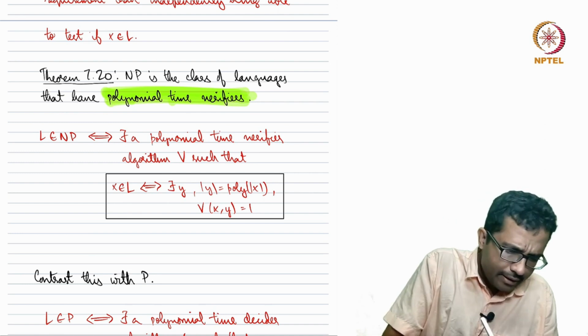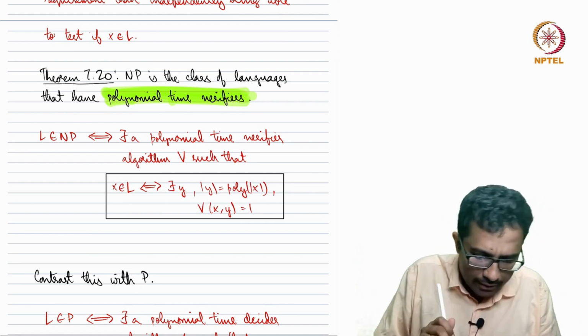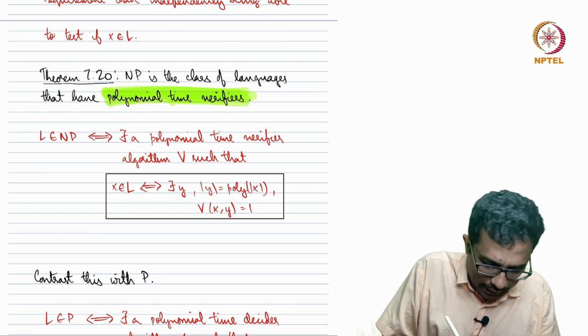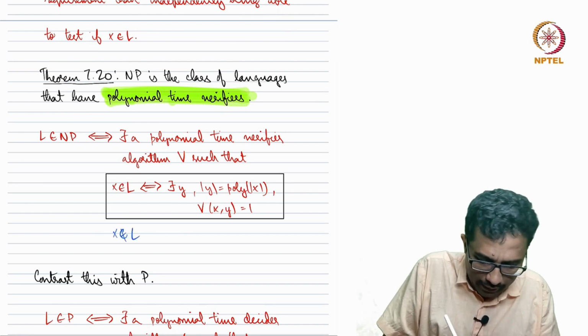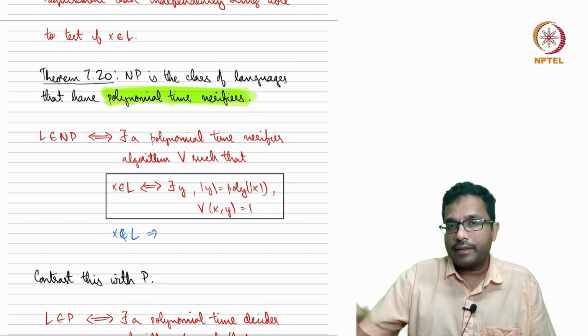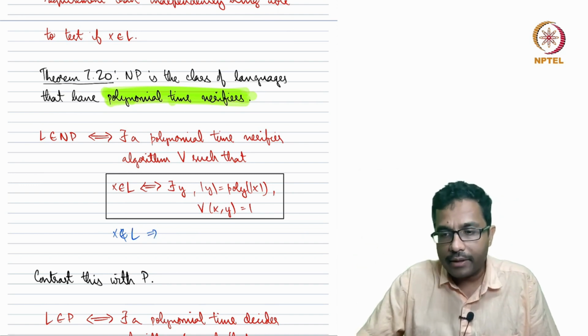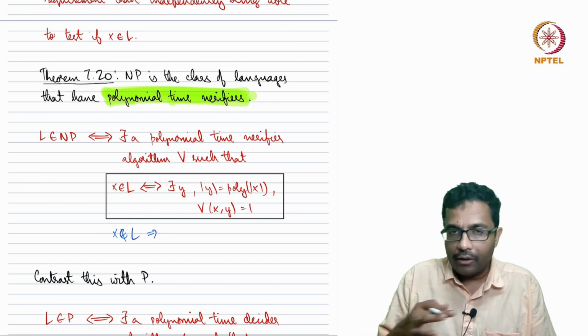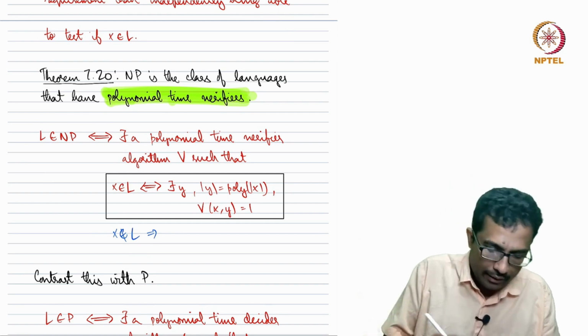So just to understand what is the negation of this: if x is in the language, this is the case. If x is not in the language, right? If a graph is 3 colorable, there should exist a proper 3 coloring. If the graph is not 3 colorable, no matter what 3 coloring you try, none of them will be a proper 3 coloring, right?